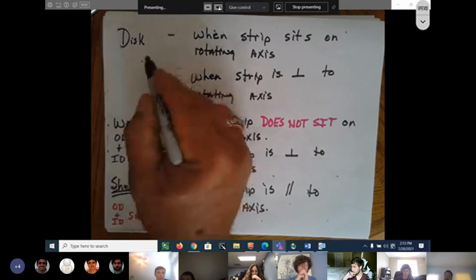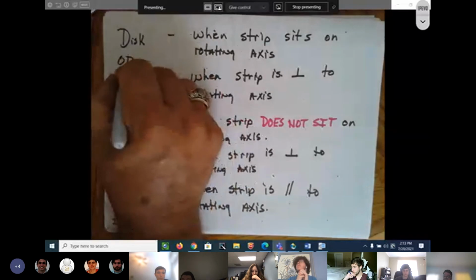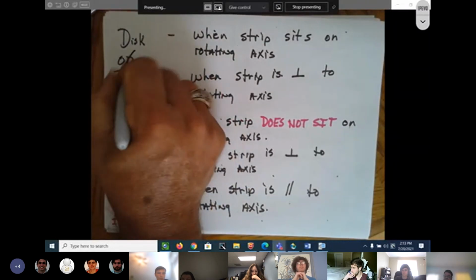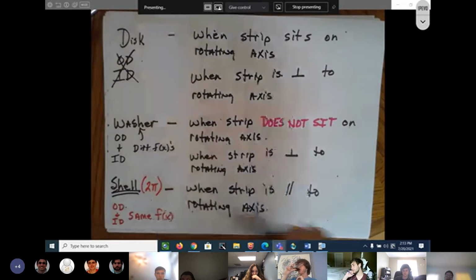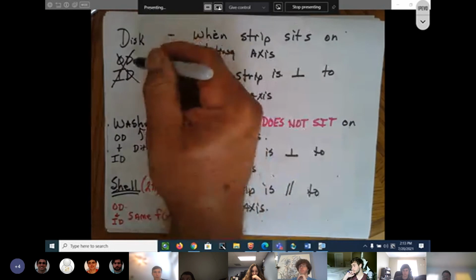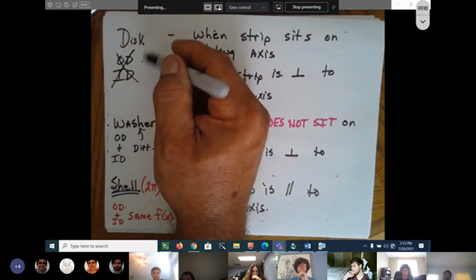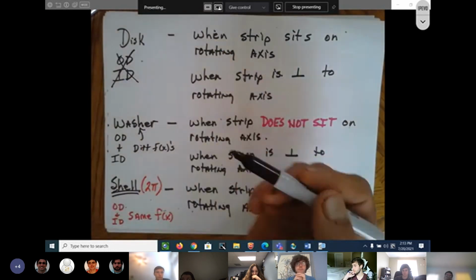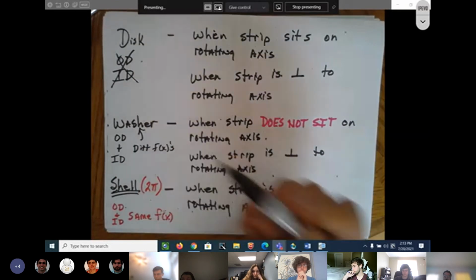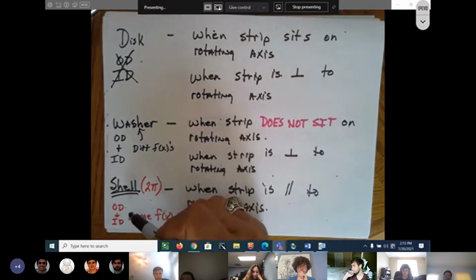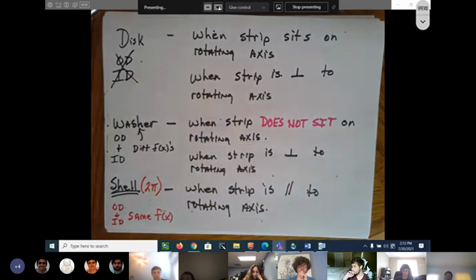And you don't have an inside and outside diameter on a disc because it's solid. Okay, so that's another indicator, the outside and inside diameter. If there is none, then you've got a disc. If the outside and inside diameter are on two different functions, then you've got a washer. If they are on the same function, then you've got a shell.